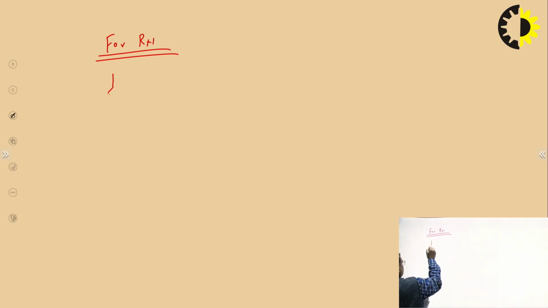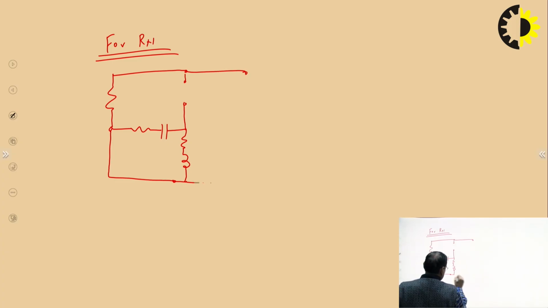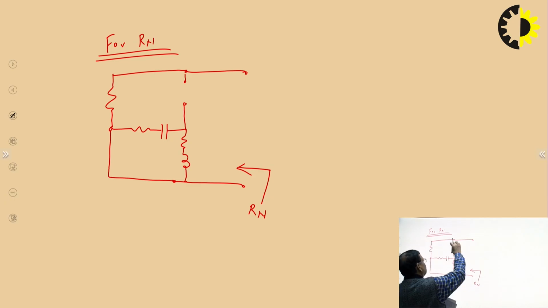So this is your 5 ohm, then here you have the ideal voltage source, then the ideal current source. Ideal current source has infinite impedance, so it will be represented by infinite impedance. So it looks like an open circuit.